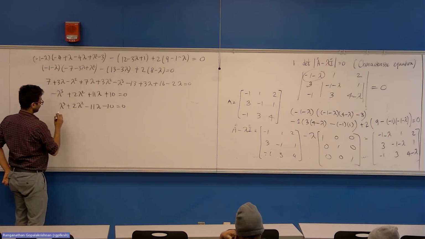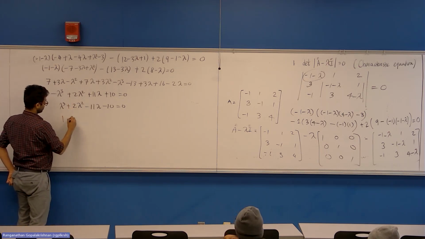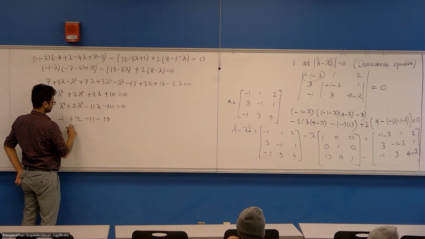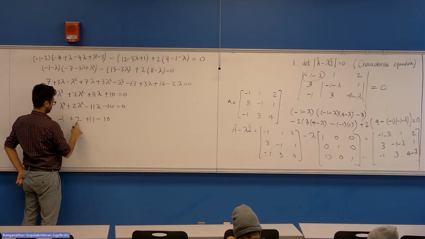Okay. So if you check if 1 is a root, 1 plus 2 minus 11 minus 10. It's minus 1 a root. So this is 10. No, this is 13. This is 11.